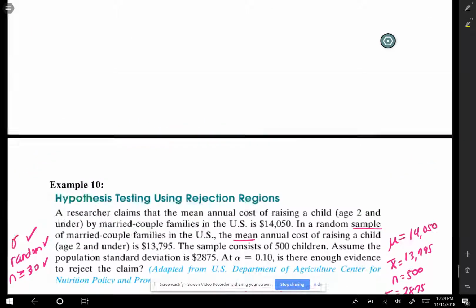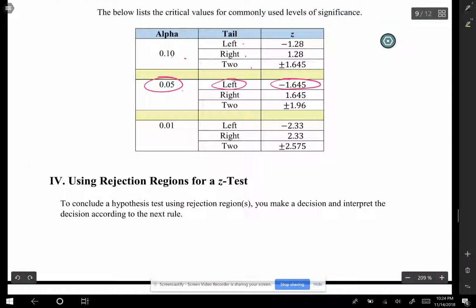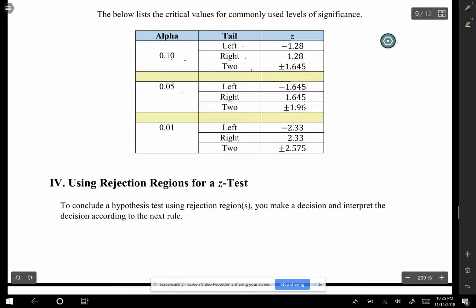I want to point something out. Going way back up here, you'll notice you're seeing 1.645 and negative 1.645, but our level of significance was 0.10. Remember, when your level of significance is 0.10, you're actually splitting it between the left side and the right side.